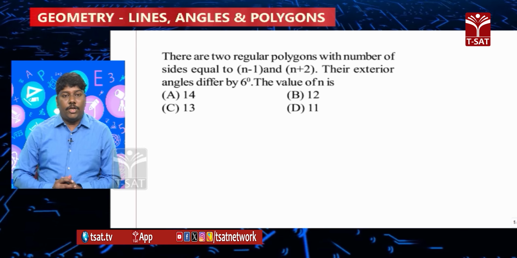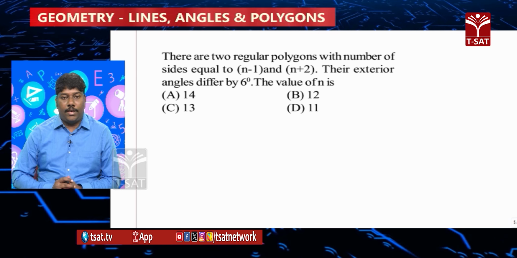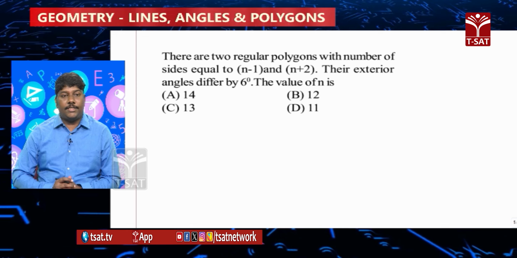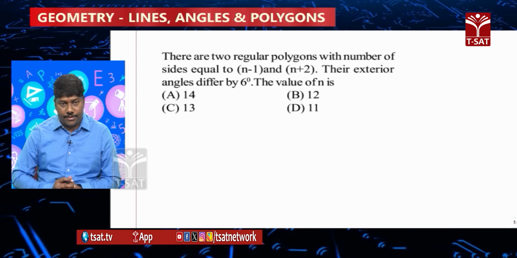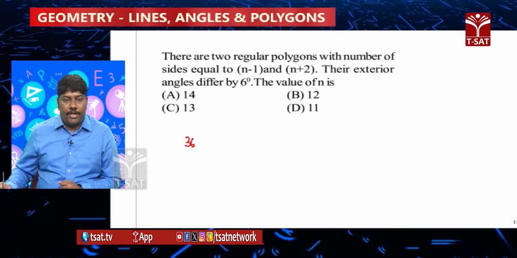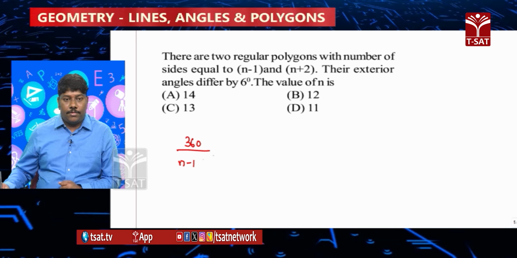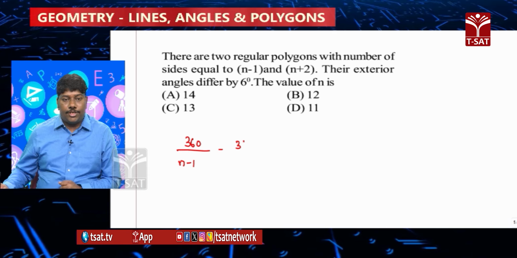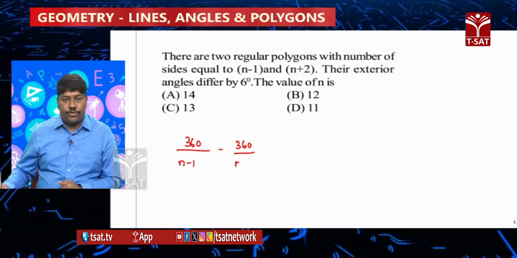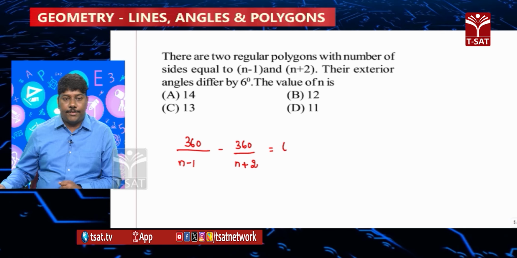There are two regular polygons with number of sides equal to n minus 1 and n plus 2. Their exterior angles differ by 6. What are exterior angles when the number of sides are given? 360 divided by n minus 1 minus 360 divided by n plus 2. The difference between their exterior angles is 6.